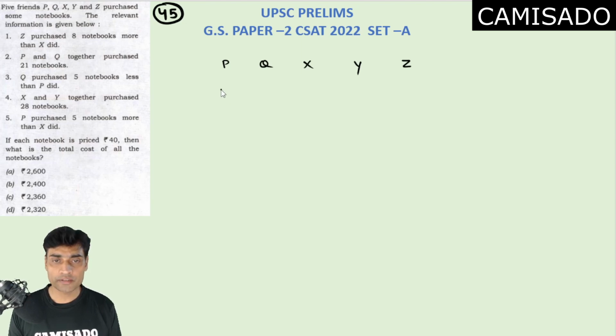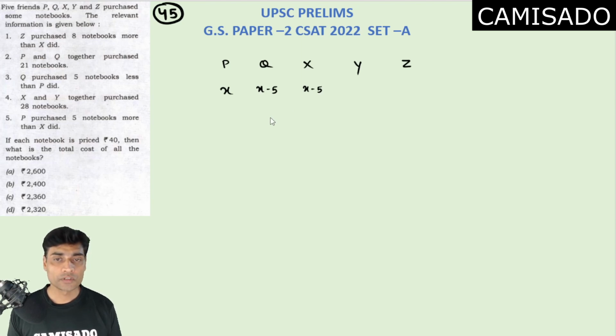So if P has taken X, then Q has taken X minus 5. X and Y together purchased 28 notebooks. P purchased 5 notebooks more than X did. So again, its value is X minus 5.